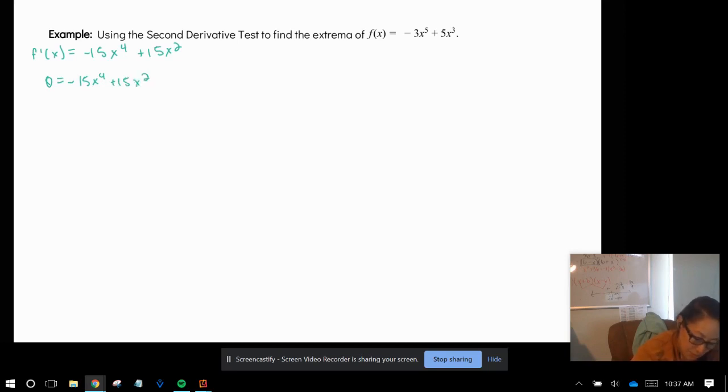And I love factoring. So let's factor. We get x squared minus 1. The first factor gives us a 0 when x is equal to 0, and the second gives us a 0 when x is equal to plus or minus 1. So these are possible extrema.